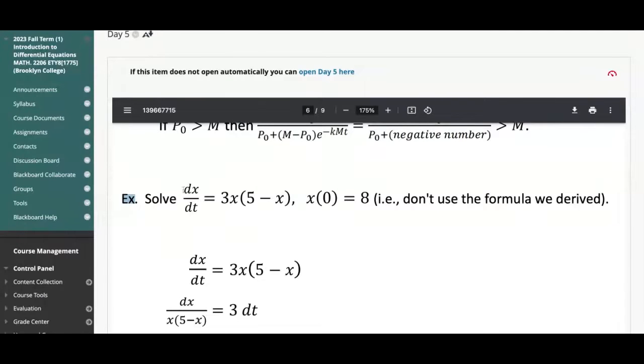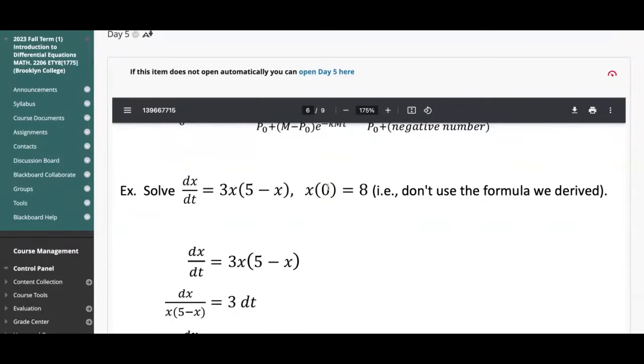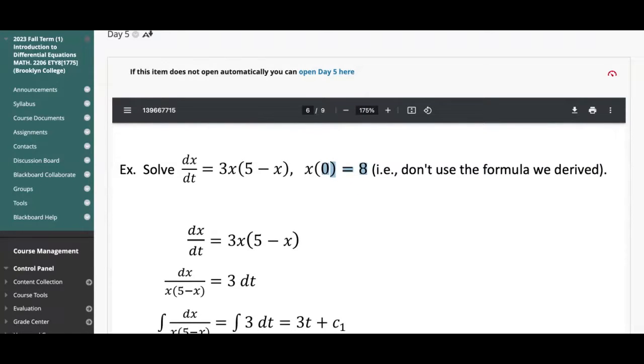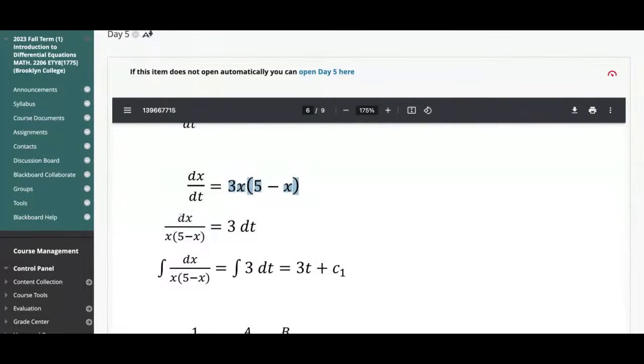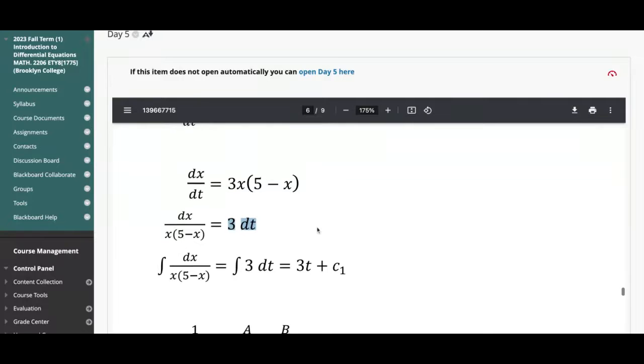Okay, let's see an example. So dx/dt equals 3x times (5 minus x). We're given this equation, and we're given an initial value, x of 0 equals 8. So we start with this equation and separate variables. We have the x terms on one side and the constant on the other side.